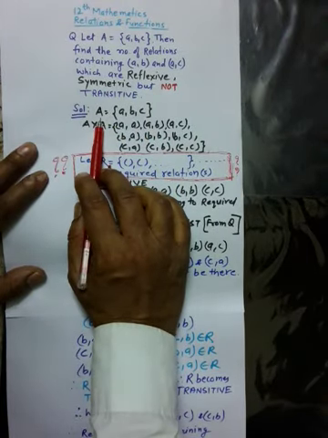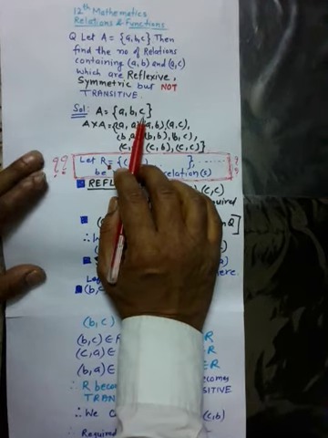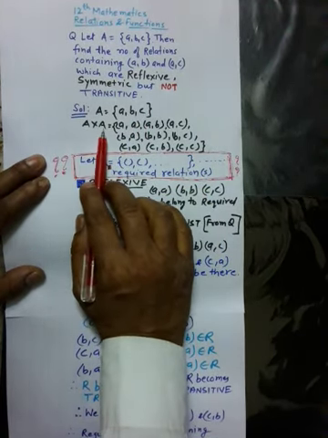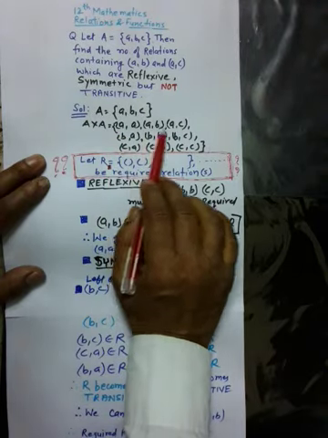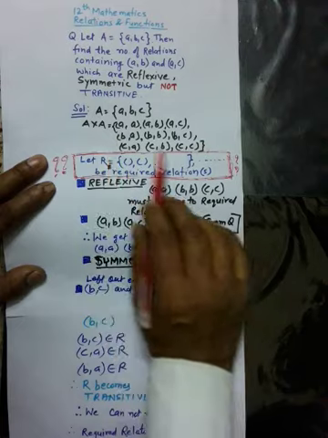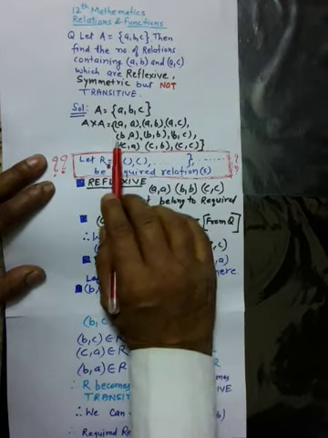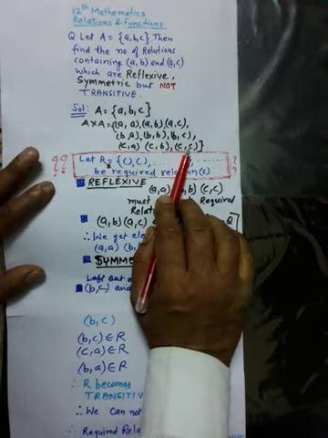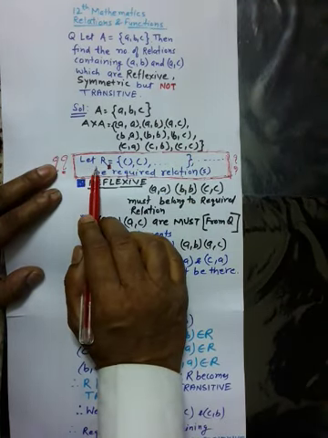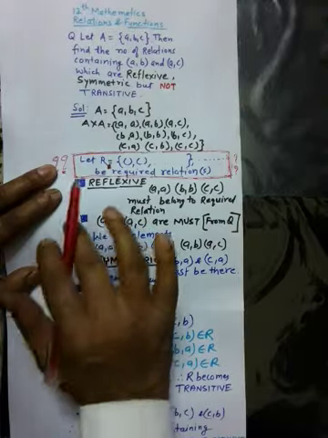The set is given, A is equal to {a, b, c}. Three elements are there. So for a relation, we must find A cross A, and A cross A will contain these 9 elements, the Cartesian product: (a, a), (a, b), (a, c), whatever these are, 9 elements are there. Now, how many relations are there, we are not able to know at present.